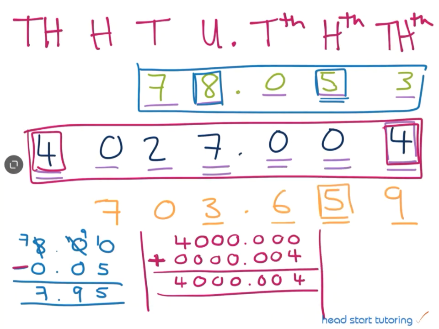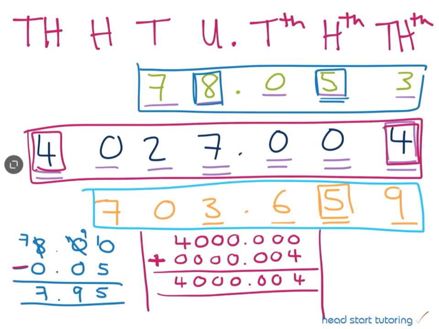Right, let's have a look here at this number. If I'm asked to find the product, let's say, of the value of the 3 in this number and the value of the 9 in this number. So I've got 3 units, which is just 3.